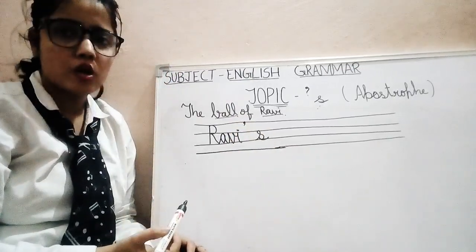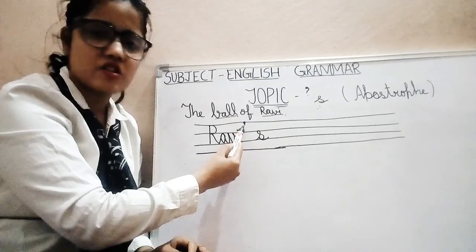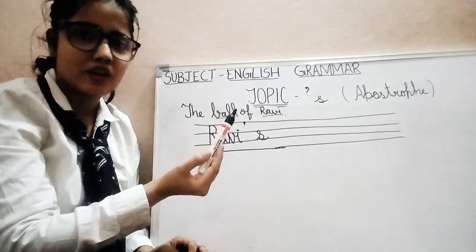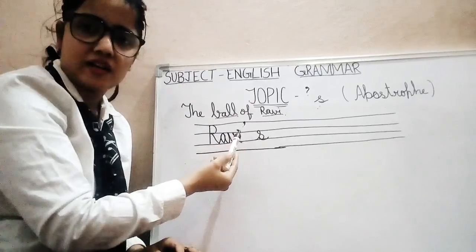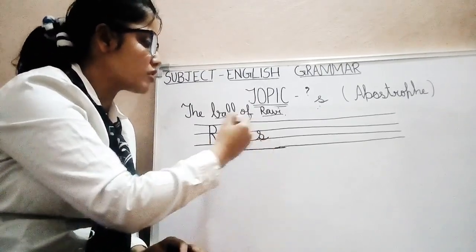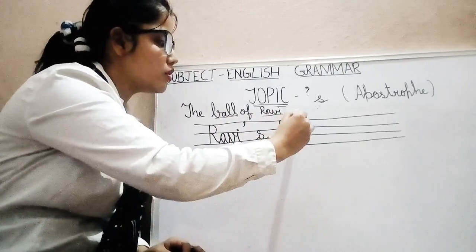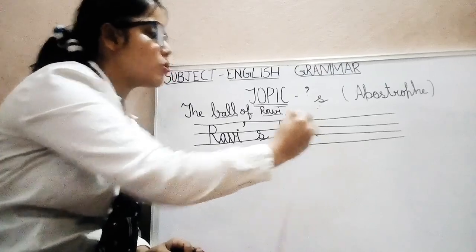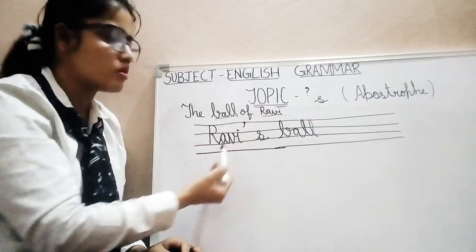And as I told you, there is no pronunciation of this sign, as there is no pronunciation of full stop. Okay, so we just use it for the rules. And Ravi's ball, so it shows that the ball belongs to Ravi.